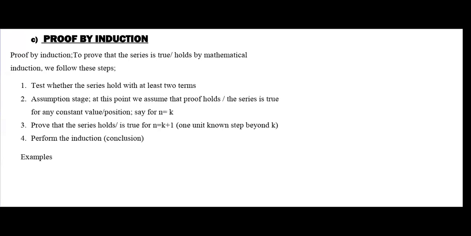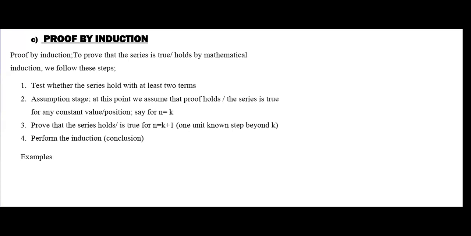Step 1, we test whether the series holds with at least two terms. We check in the series any two terms of its row, whether they still agree with the sum given. Then step 2 is what we call the assumption stage. At this point, we assume that the series is true for any constant value, and we denote that assumption as n equal to k.